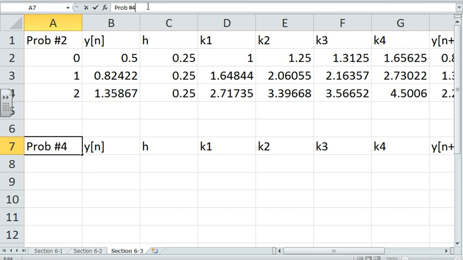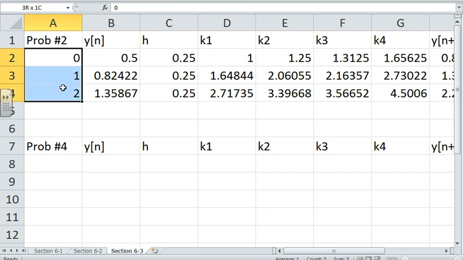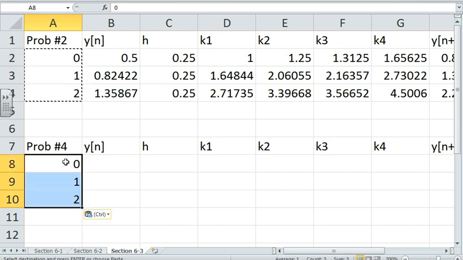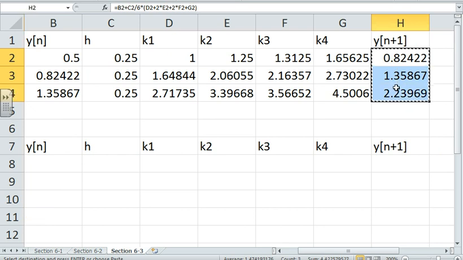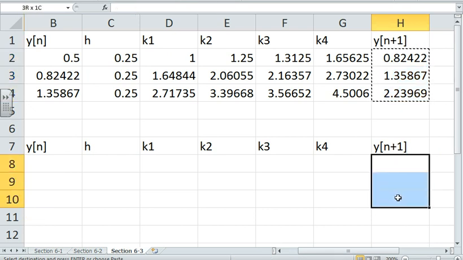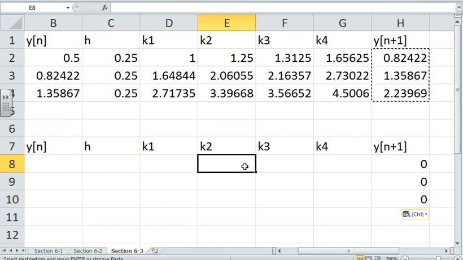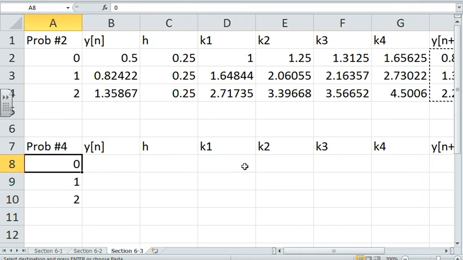Oh, I got one. Okay, so if I make it to 8, we're done. And I'm on 2 already. Alright, so we'll copy this, paste it there. This guy is just a copy, paste, because he's not going to change. And now all we have to do is fill in the details.